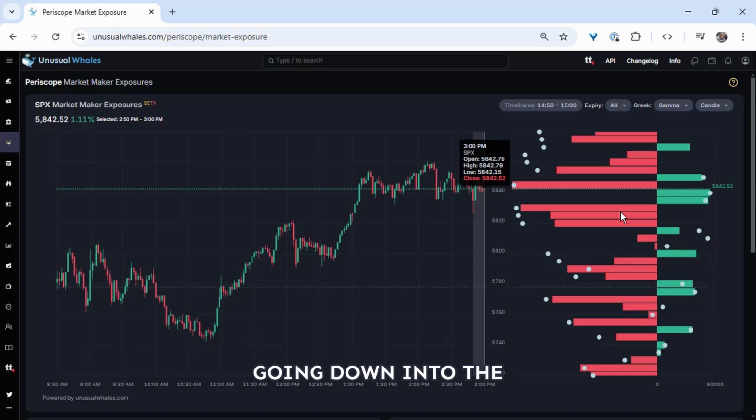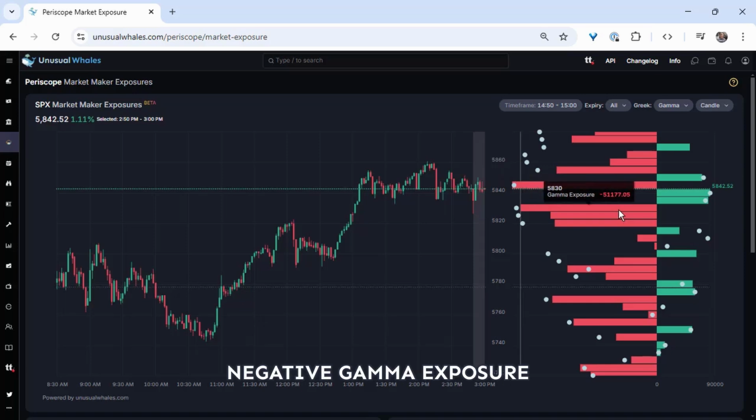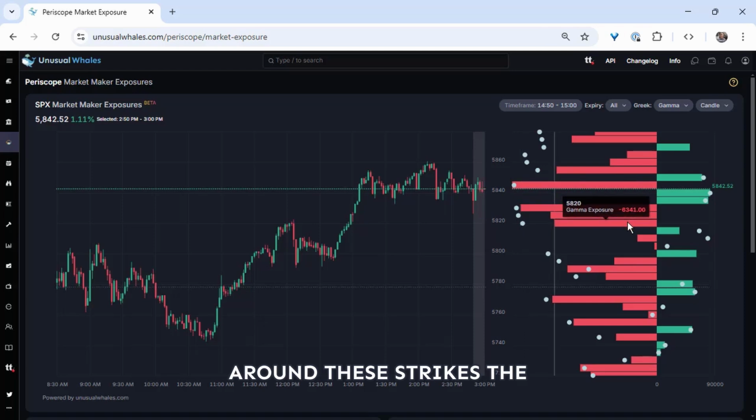So if price is going down into a negative gamma exposure cluster here around these strikes, the model expects that the market maker is going to need to, let's say, sell into that weakness if price is going down, or if price is rallying into that area, then the market maker is going to have to buy into that strength. And these negative gamma exposure bars are potentially going to show you areas where you might see price expanding kind of quickly. The candles will be larger in those areas.